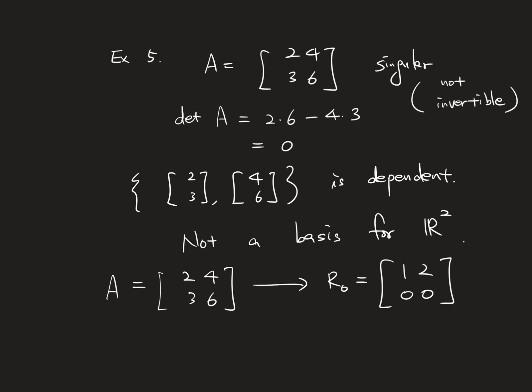After elimination, we make the pivot equal to 1. But anyway, we have only one pivot, so the columns are dependent.